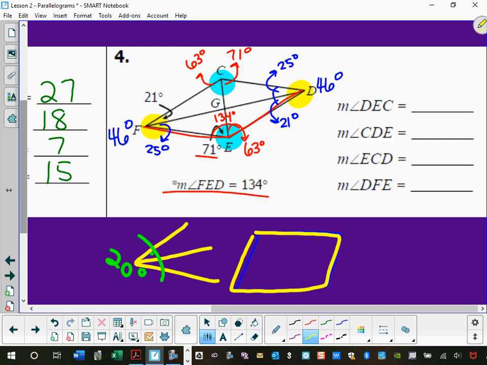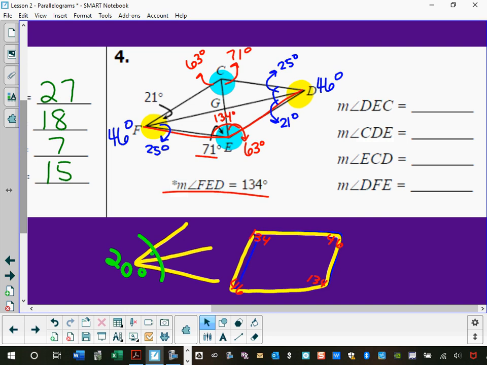If this is angle E, this was 134, this was 46. This was 134, this was 46. The difference is both of these large angles were cut in half, or were cut into two angles. So that's what we had to figure out.